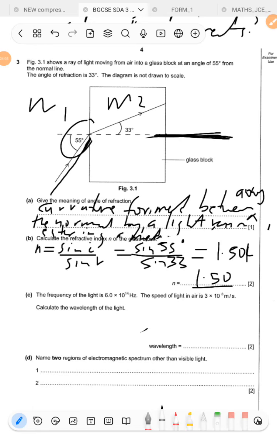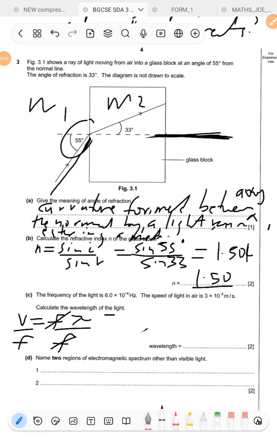Here you just need to know the formula: v is equal to frequency times lambda, which is the wavelength. Now you make wavelength the subject of the formula, so divide by f, the frequency.